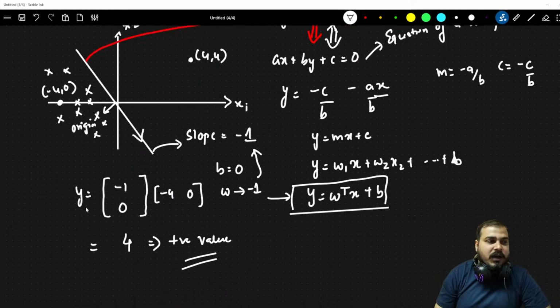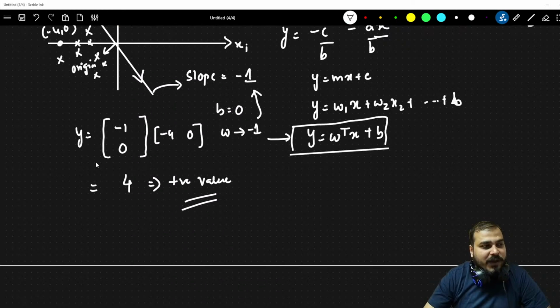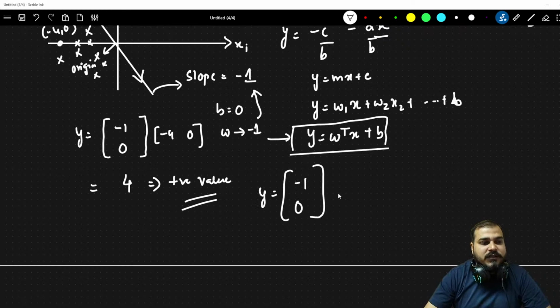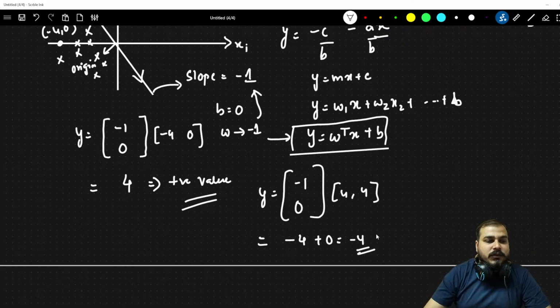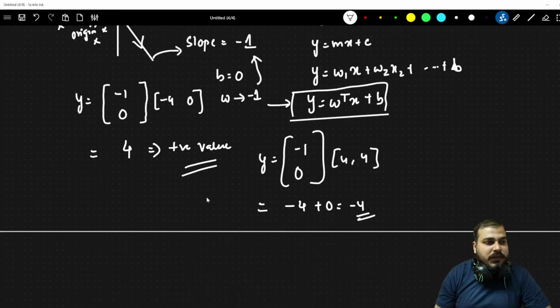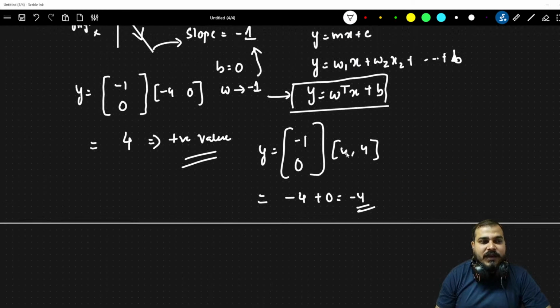Just try to calculate. How do you calculate? Again, I will use the y equation. This time again, my slope is minus 1, my intercept is 0, and here I will have 4 comma 4. Now here minus 4, and then plus 0. This will be minus 4, right? So this will be a negative value, guys, negative.